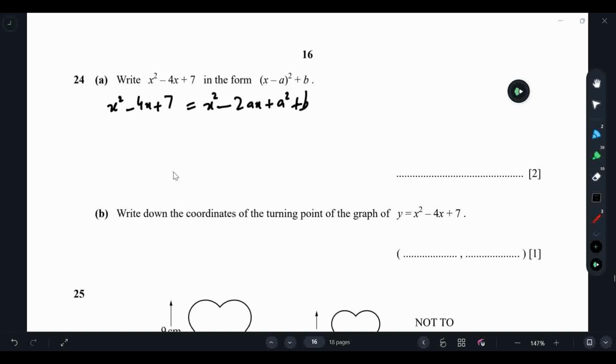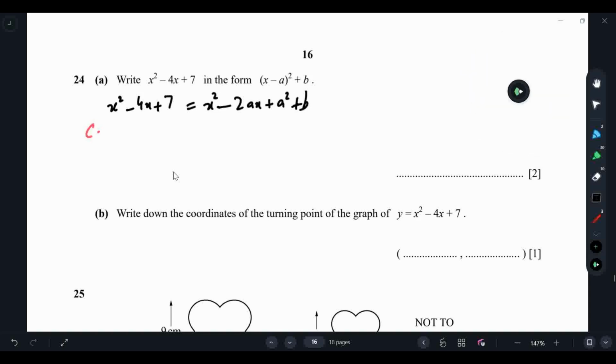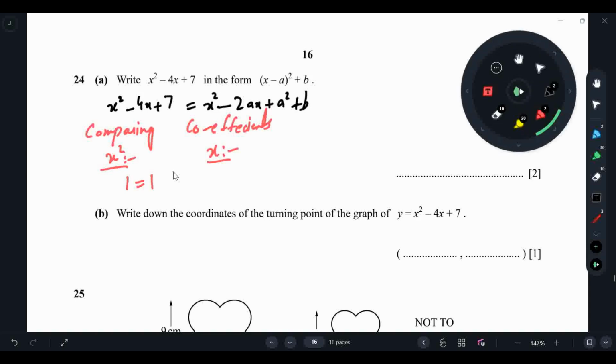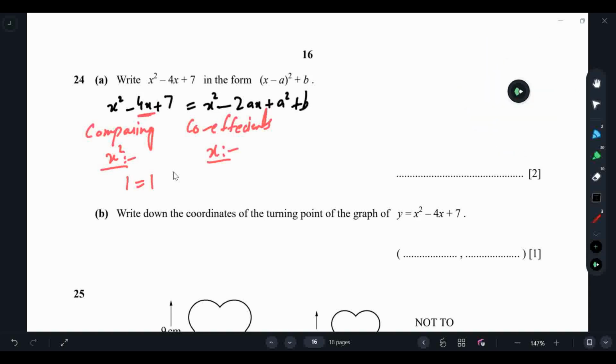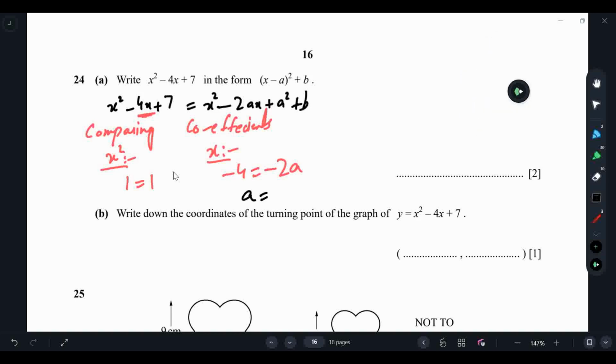Now after this, we can just compare the coefficients. So the coefficient of x square is 1, so 1 is equal to 1. The coefficient of x on the left side is minus 4, so minus 4 is equal to minus 2a. So we can cancel out these two and a will be equal to 2.